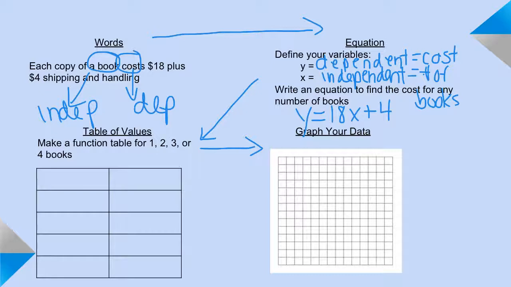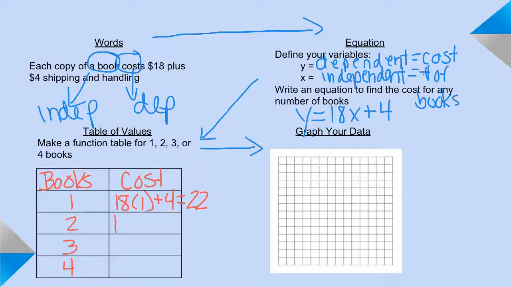All right, I'm ready to come down here to my table of values. Remember, my independent, or my x value, belongs here, number of books. And my dependent, or my y value, belongs here, that's cost. It says I want to buy 1, 2, 3, and 4 books. If I buy one book, it'd be 18 times 1, $18, plus $4 shipping and handling will cost me $22.